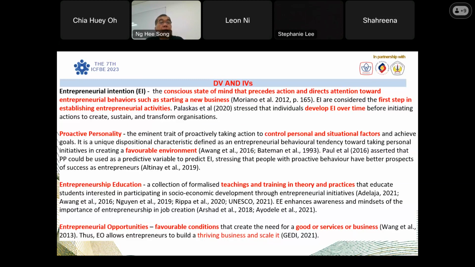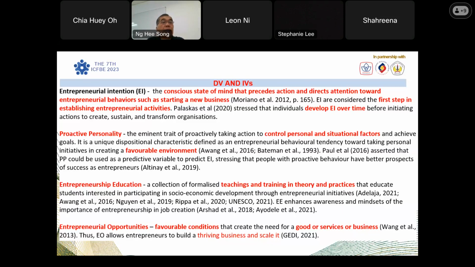Next one is education, entrepreneurship education. This is definitely important so that graduates are able to get knowledge, skills, and ability, and also polish their attitude towards entrepreneurship. So this is an important role for graduate entrepreneurship.